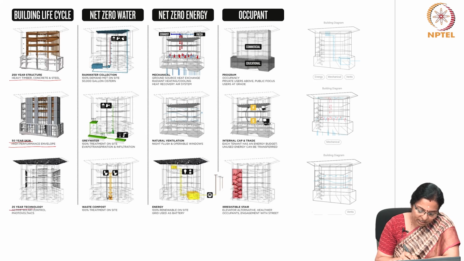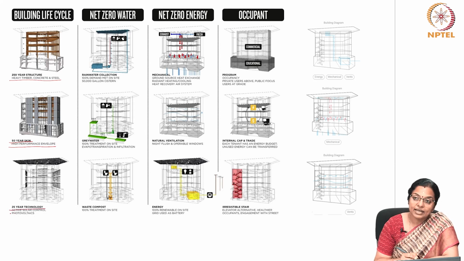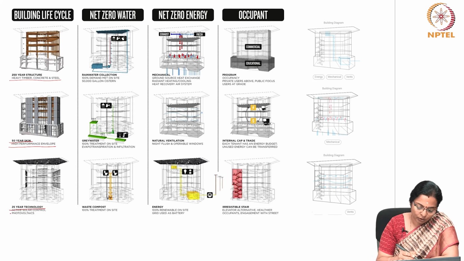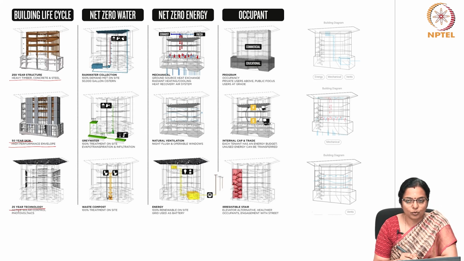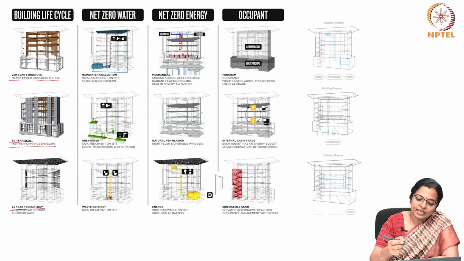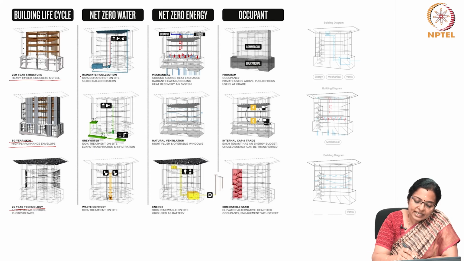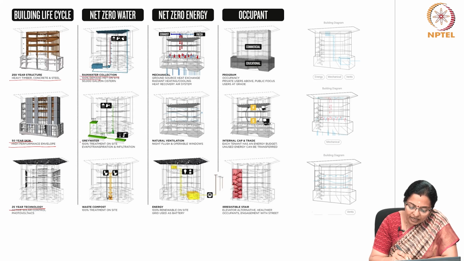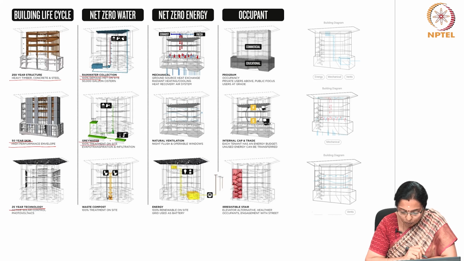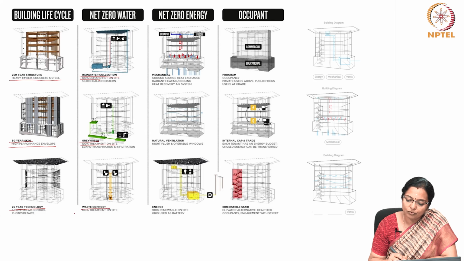The technology is designed for 25 years and is active solar control photovoltaics. When it comes to water, there is rainwater collection which meets 100% of the demand of the site. Grey water is recycled, so 100% treatment of grey water happens. Waste is composted and converted into fertilizer.